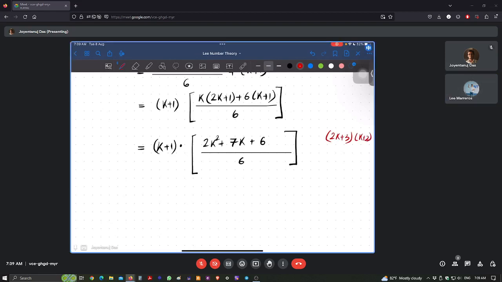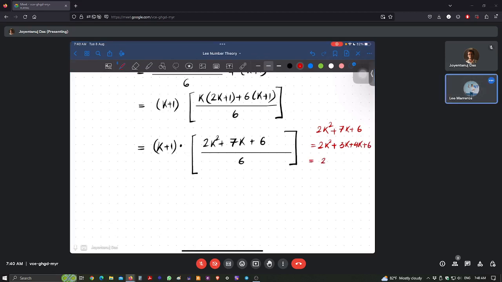Okay. Yes, I think that will come. So what we are doing is, 2k square plus 7k plus 6. So that is 3k plus 4k, right? So here we can take k, we get 2k plus 3, and plus 2 we take from the next one, right?